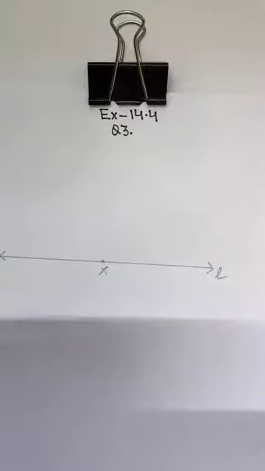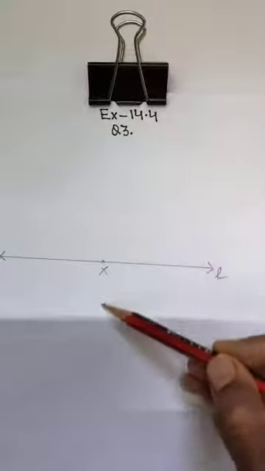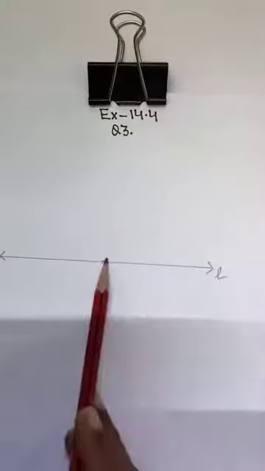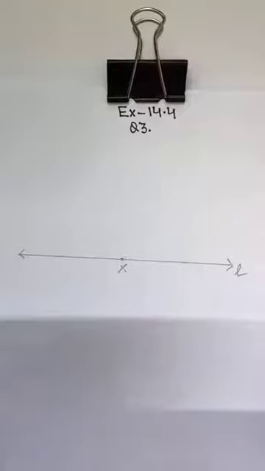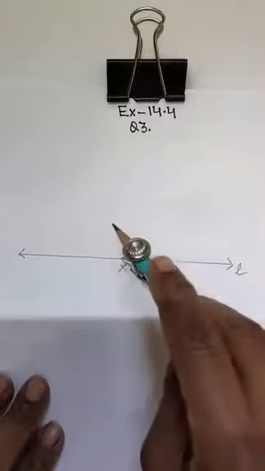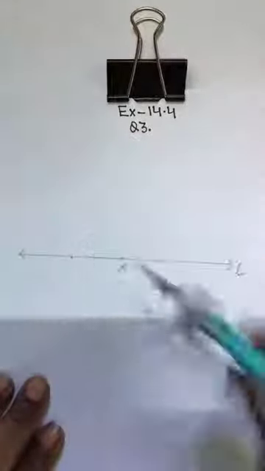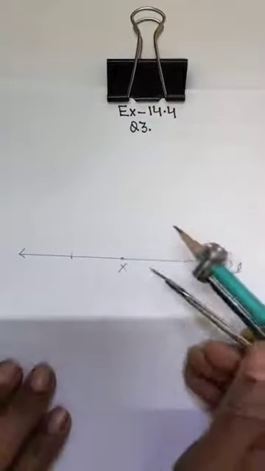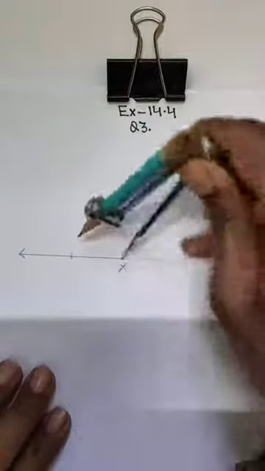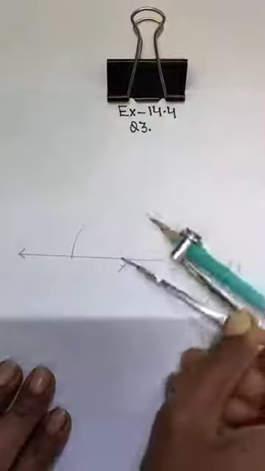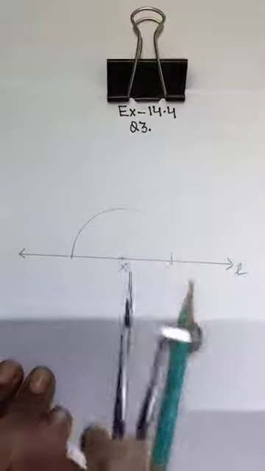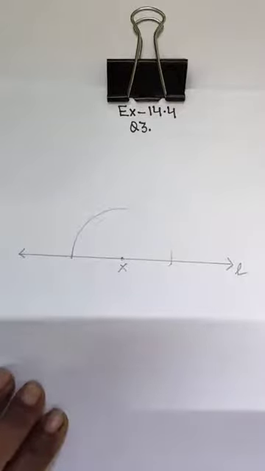Now through X, draw a line segment XY perpendicular to L. We have to make a perpendicular which passes through X, meaning when the point is given on the line. This we have done just now. So let us make one perpendicular which passes through X, and we have to give the name XY to that perpendicular. So what we need to do? We have to open our compass to a suitable measurement in such a way that it will cut line L at 2 points.